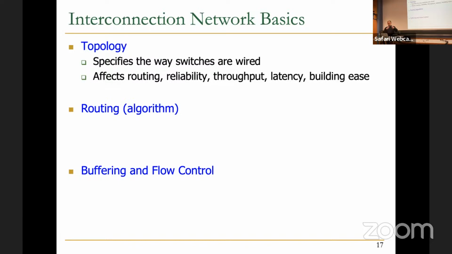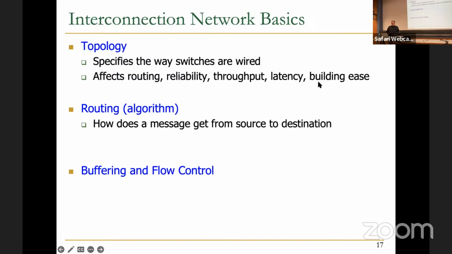In supercomputers, your interconnect happens through switches that are not on the chip, so you have more possibilities for connecting many things. But on the chip, you always need to care about building ease, which is very important.